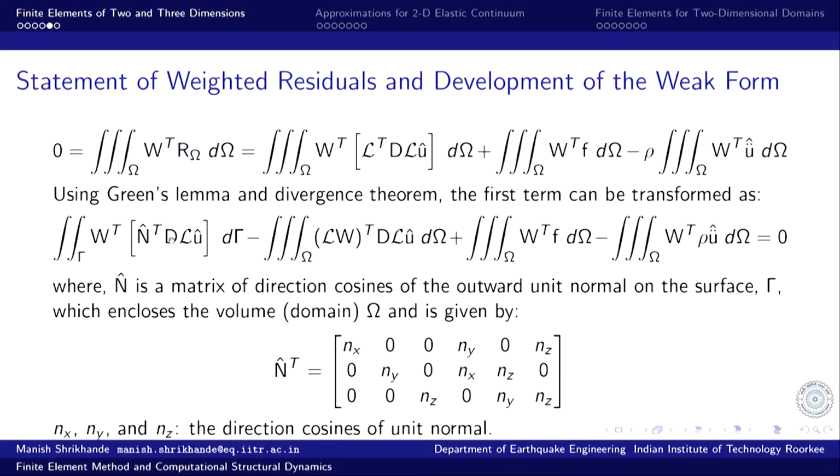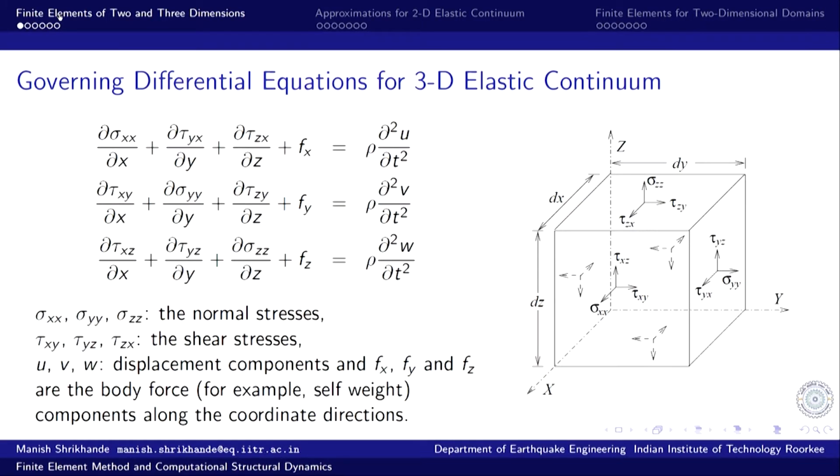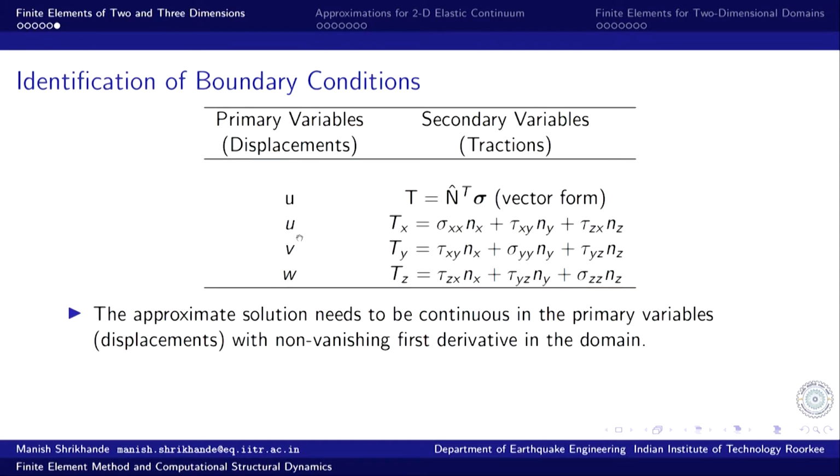Secondary variables are the tractions, surface tractions, which are the forces, and this is the weighting function. So, that leads us to identification of the primary variable as the unknowns of the problem, 0th order derivative, the same form as the weighting function appears in the boundary term.